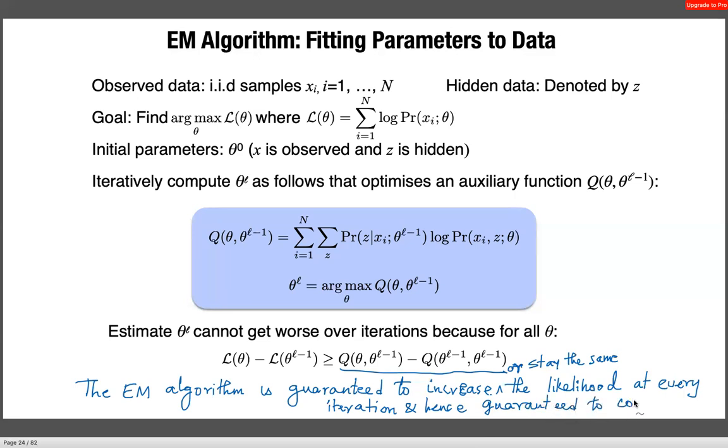That's the main takeaway, that the EM algorithm, this iterative algorithm, is guaranteed to converge because of this particular result.